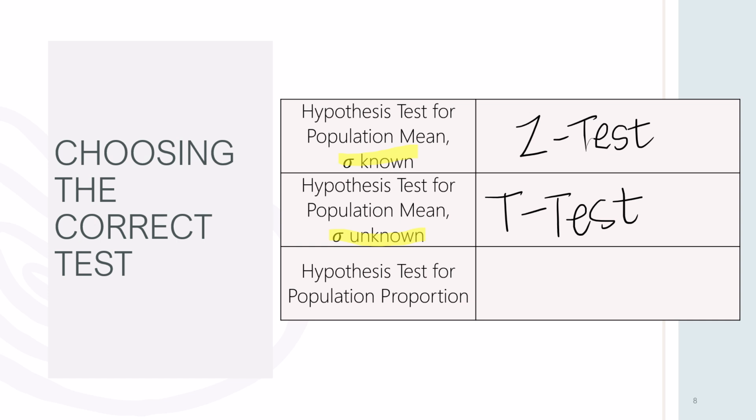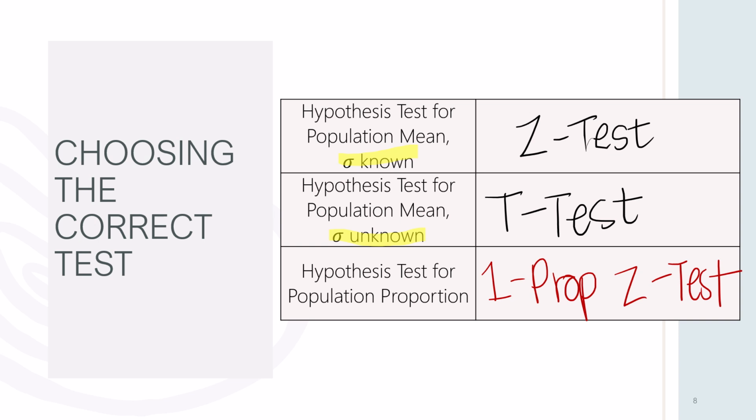In our calculators, it's called a one proportion Z test. So those are the functions in the calculator that you'll use to do those.